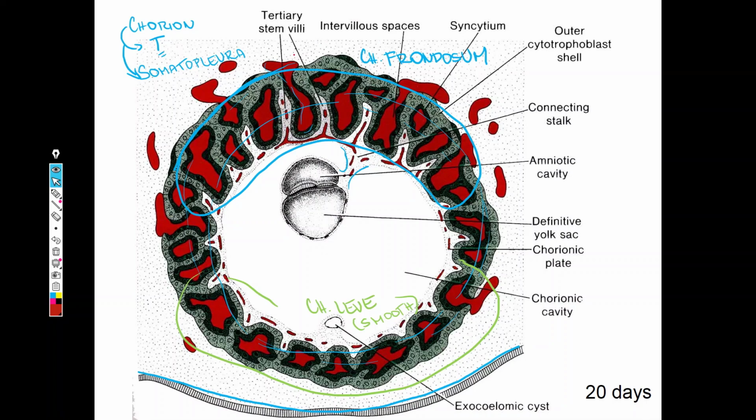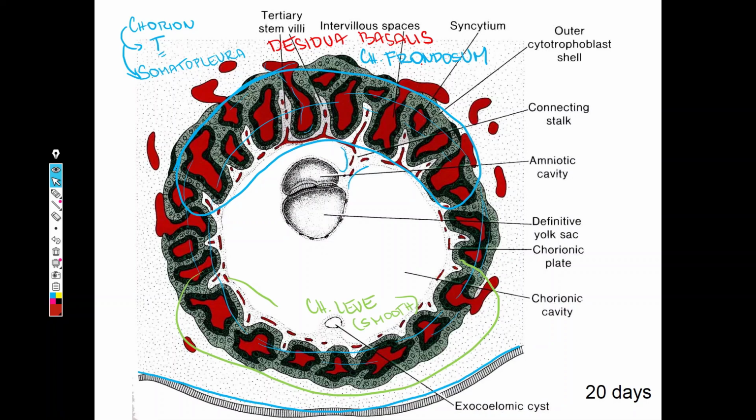So the layer here that is close and belongs to the mother, it's part of the uterus, is decidua basalis in Latin, or the basal decidua. If there is a question like, what's the basal decidua? You just say that it's the part of decidua that is close to chorion frondosum. It's part of the mother's uterus right here that is close to this part of the fetus.